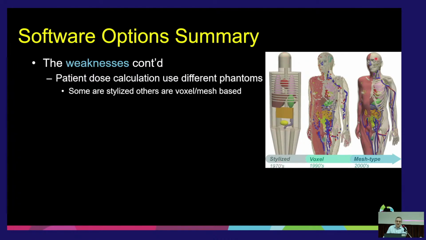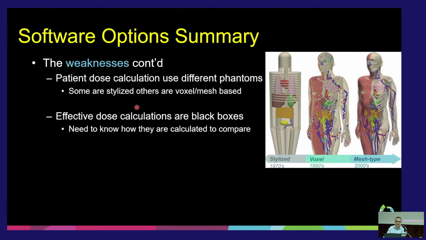And then there are newer versions, voxelized or mesh-type phantoms, that look a little more anthropomorphic, more human-like. So when we apply the CTDI-vol and do the dose calculations on these, the dose is a much better estimate of what the patient actually received, as long as the patient looks and is the same size as this phantom.